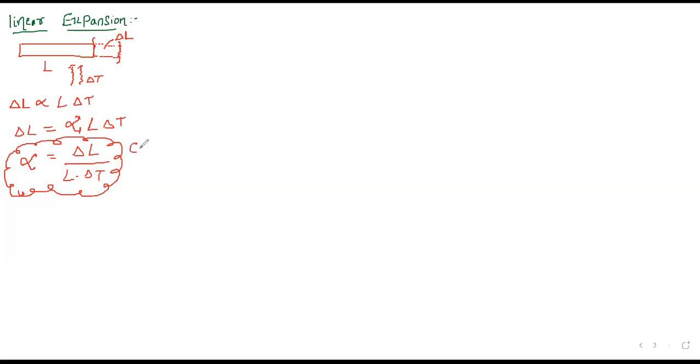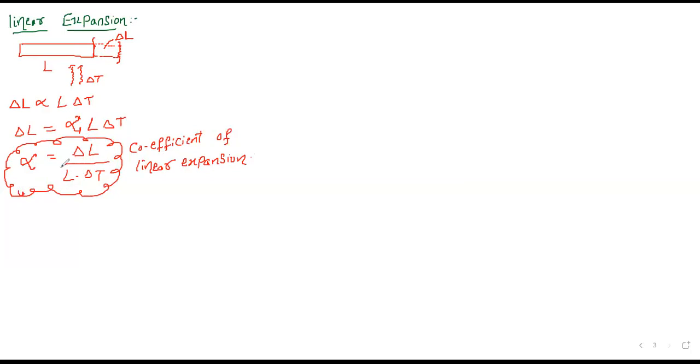What is this alpha called? Coefficient of linear expansion. So what is the coefficient of linear expansion, students? It is nothing but the ratio of the change in length to its original length times the increase in temperature.